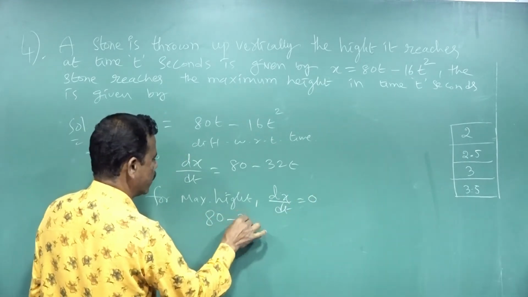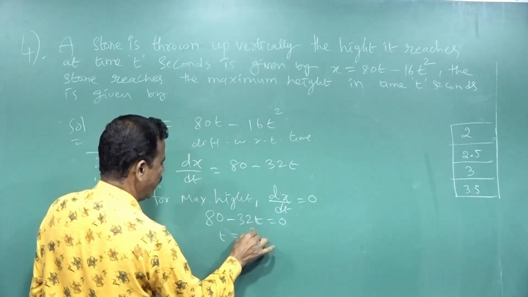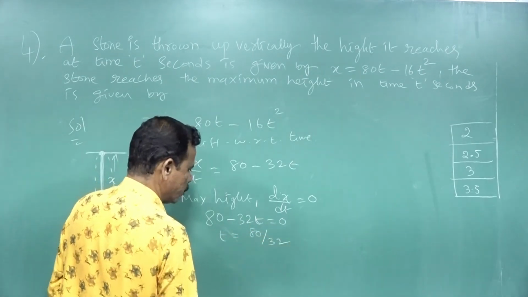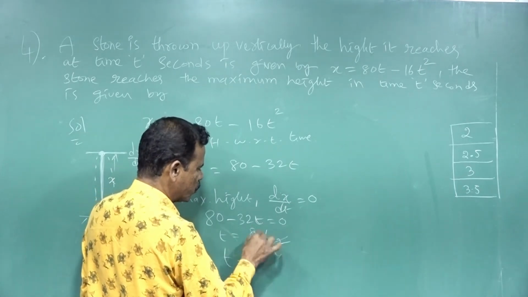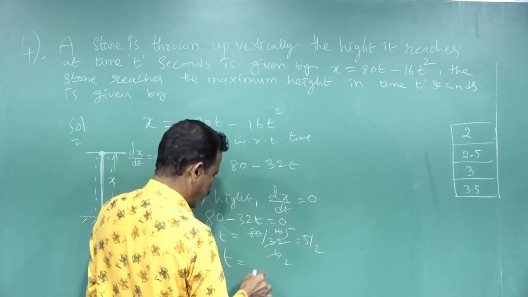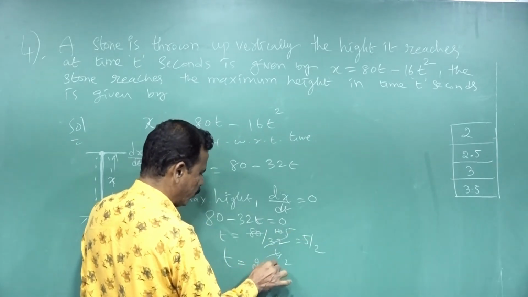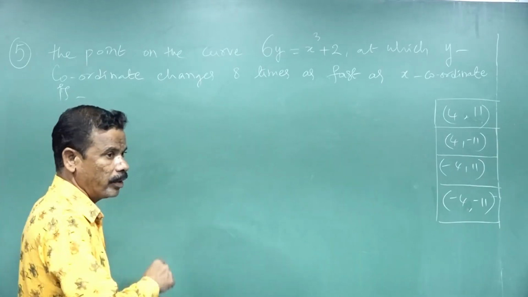Then 80 minus 32t is equal to 0. Then t is equal to 80 by 32. So in the calculation, 8 fours are 32, 8 tens are 80, it is 5 by 2. 5 by 2 is nothing but 2.5 seconds. 2.5 is the correct answer. Second option is the answer for this question.